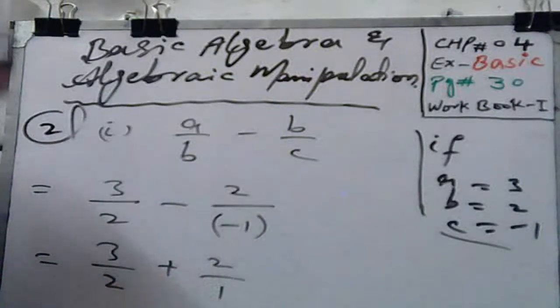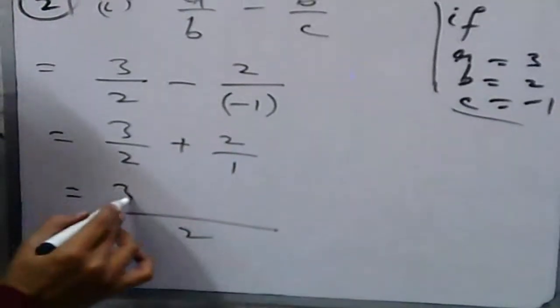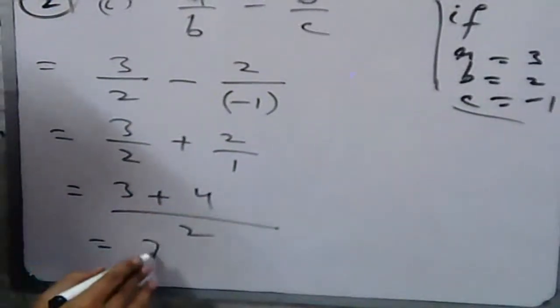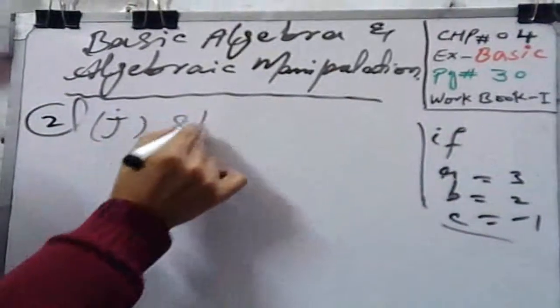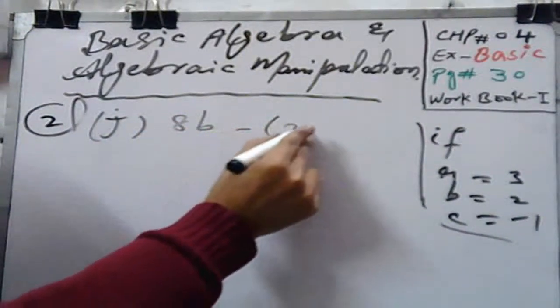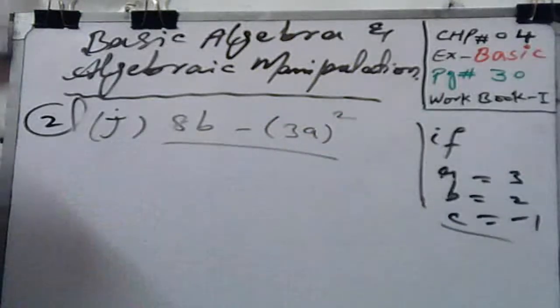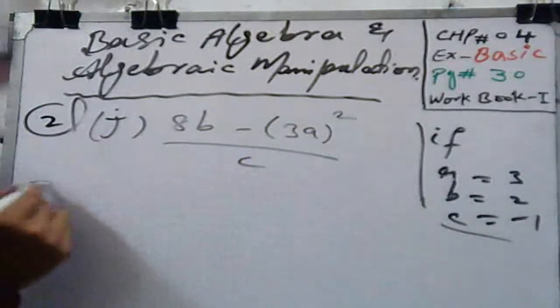Similarly, in J part, 8b minus 3a power square divided by c. Putting the values, b is 2, 3 into a having power square, the value of c is -1.